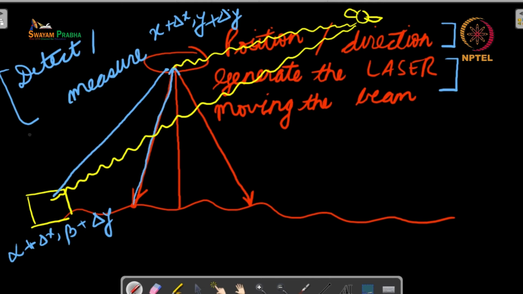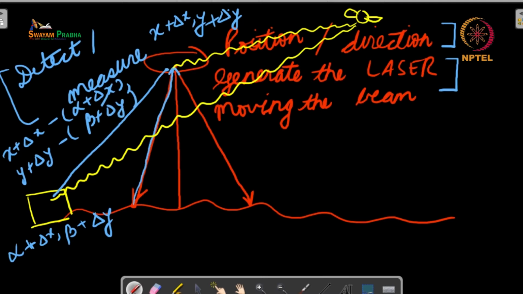because if you subtract both of these locations, you get x plus delta x minus alpha plus delta x, and y plus delta y minus beta plus delta y. Now delta x and delta x get cancelled, delta y and delta y get cancelled, and so the exact location of the aircraft is given by x minus alpha and y minus beta.